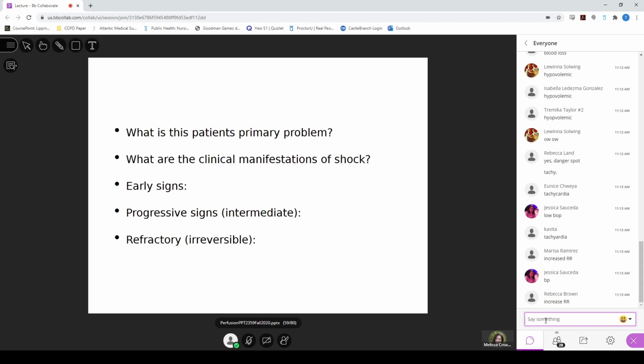Blood pressure can be low or normal. It can be normal for a little bit because the body is able to vasoconstrict and compensate. But the body cannot maintain that, so then you'll see the low. But early signs are low to normal. Okay, so it's either the body's compensating by vasoconstricting or shunting the blood, or it's just not able to keep up anymore. Then your pulse is going to be increased or normal.